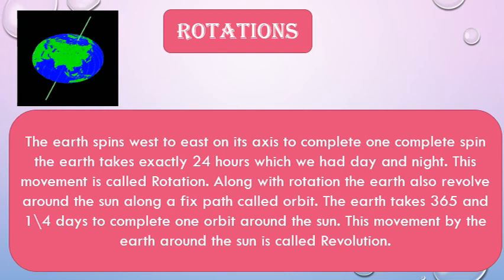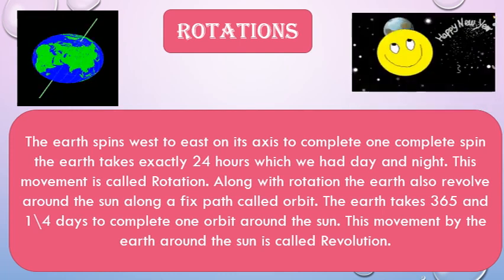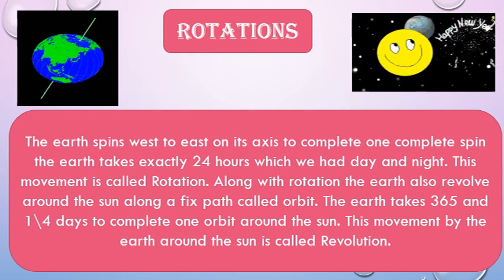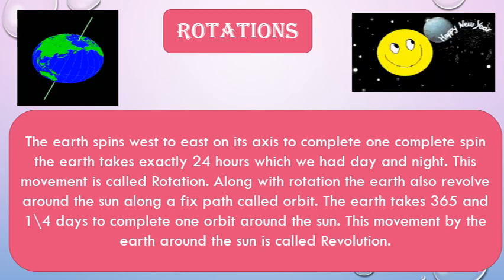This movement is called rotation. Along with the rotation, the Earth also revolves around the Sun along a fixed path called orbit. The Earth takes 365 and 1/4 days to complete one orbit around the Sun. This movement by the Earth around the Sun is called revolution.